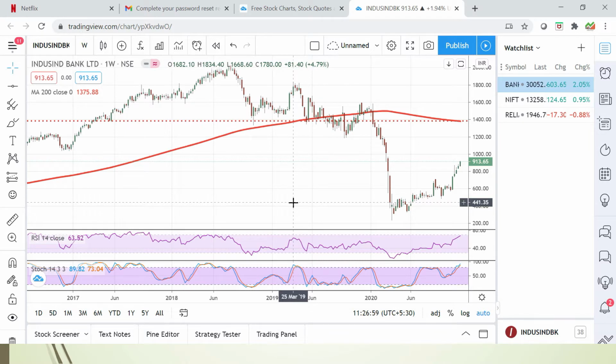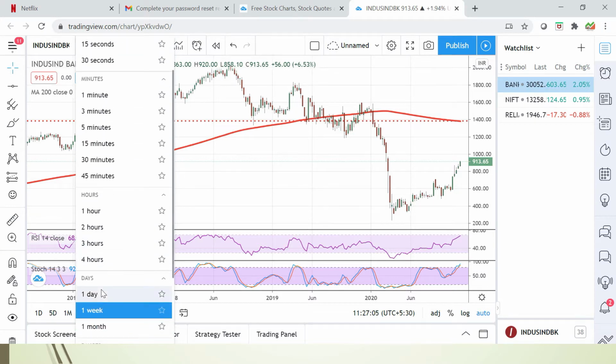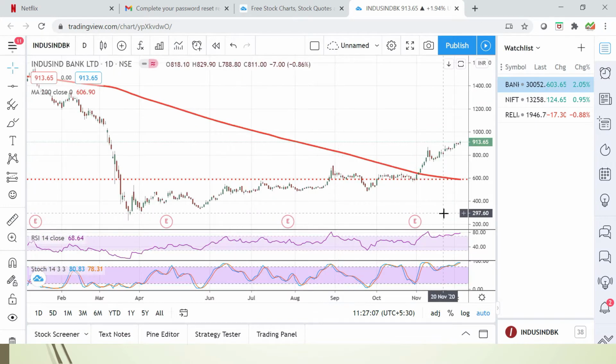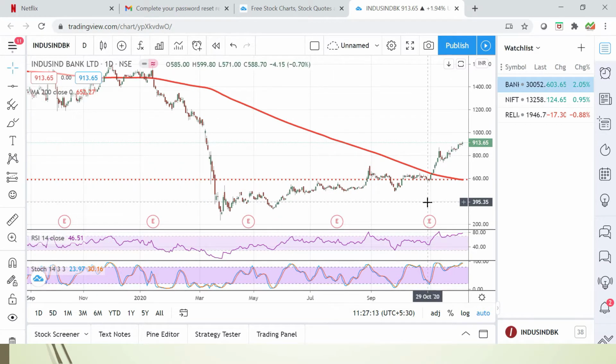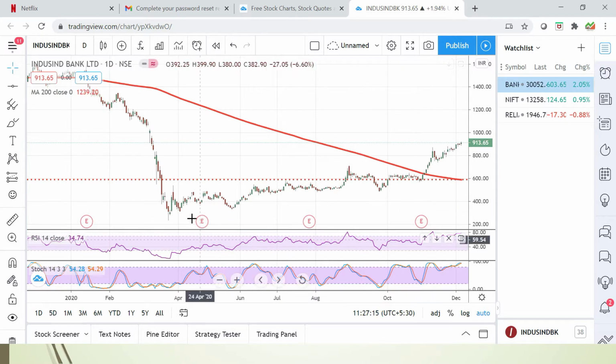So how is IndusInd Bank? Mostly we'll be using daily charts for short-term trades, so let's stay on the daily chart, and we can also look at the longer term trend to understand where we stand. This is the current price area.